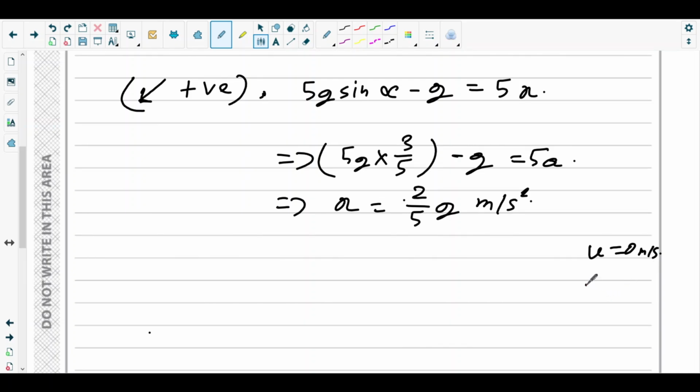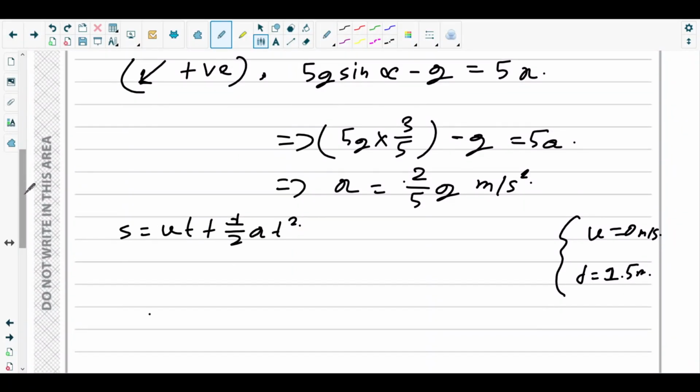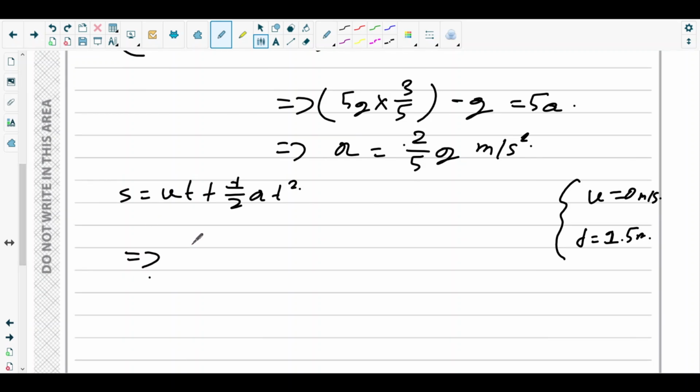So we can easily find the value for t using which formula? You can use s equals ut plus half at squared. Half of acceleration is 2 over 5 g, times capital T squared.